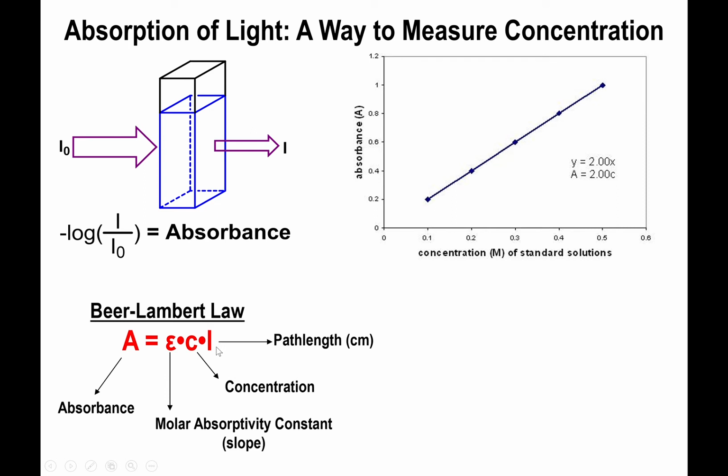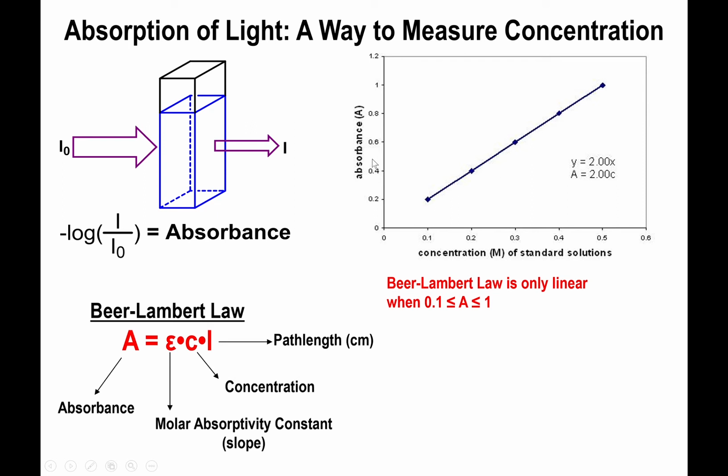And as long as the path length is equal to 1 centimeter, it isn't always 1 centimeter, but unless you're told something else in regards to the value of the path length, you can assume it is 1 centimeter. But just make sure to read the entire problem to know whether you're dealing with a 1 centimeter path length cuvette or not. So in other words, out of the slope, you can determine the molar absorptivity constant. So that's the power of the Beer-Lambert plot.